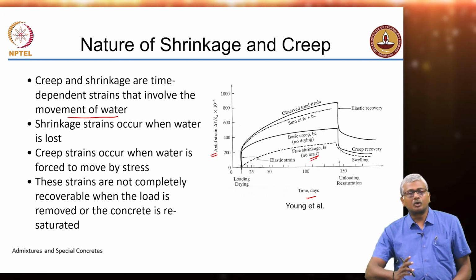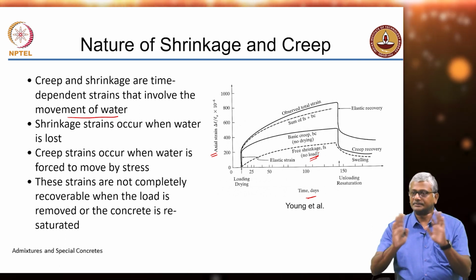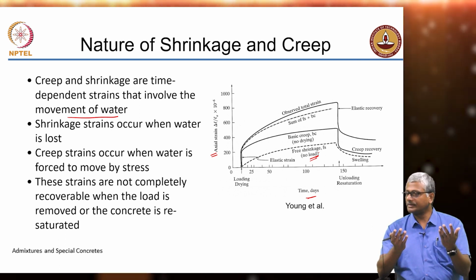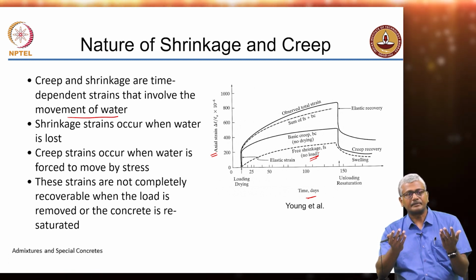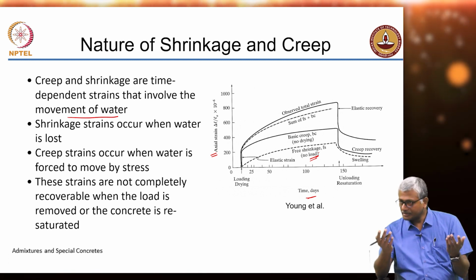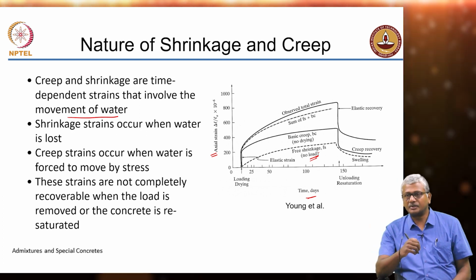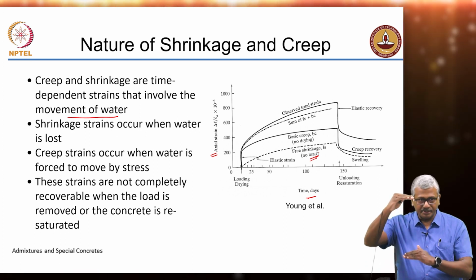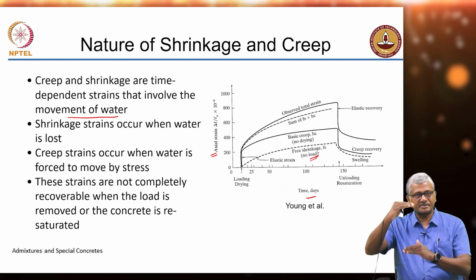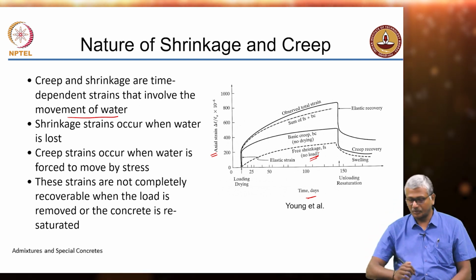Now, imagine one more column which is totally cladded, there is no drying happening. In such a case, what is going to happen? You will not have any shrinkage, assume there is no shrinkage. What is going to happen then? Because of the constant load in the column, there is going to be some creep, okay.